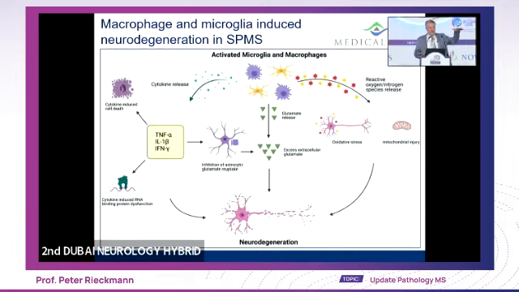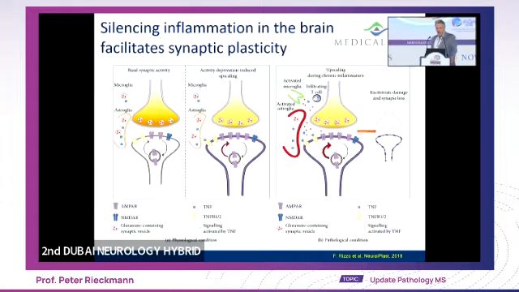So we really have now the histopathological location where it starts, and we have a sequence of events triggered by the Epstein-Barr virus ending up in macrophages and microglia activated through this mechanism and then inducing neurodegeneration in secondary progressive MS. And we know that this has a direct impact not only on the degeneration, but functionally also interfering with what we need in order to maintain stability or regain function, for example, after an attack.